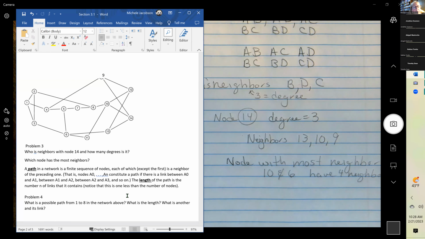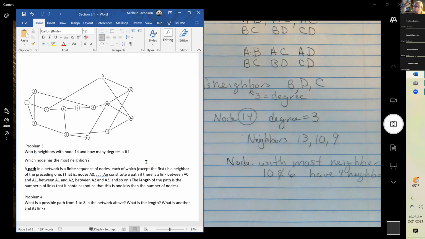Now let's try. What is a possible path from 1 to 8? Write a possible path going from 1 to 8. Is it 1, 4, 5, 7, 8?